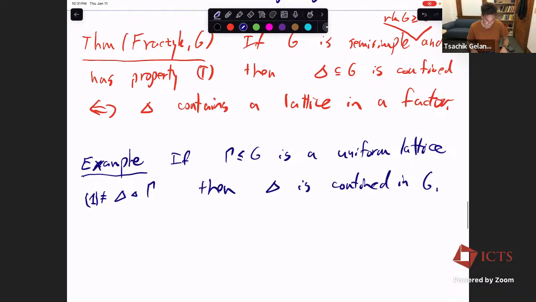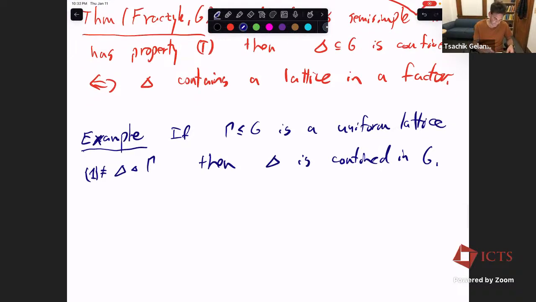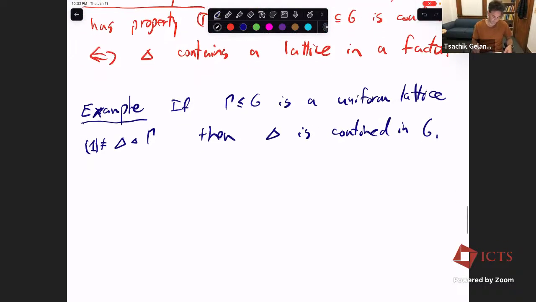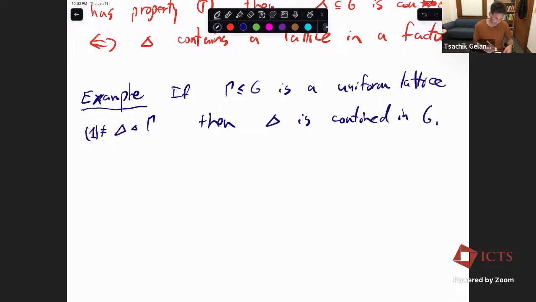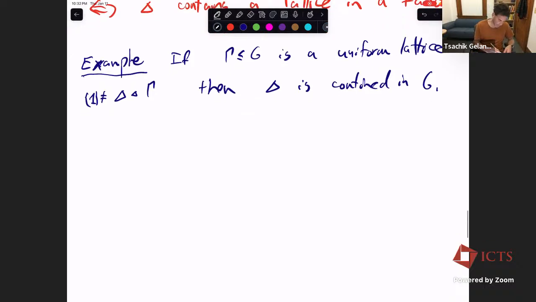The combination of these results made this possible. Okay, so now I have some time to discuss a very new result, which is not posted yet. It's a joint work with Arie Levit and Uri Bader.